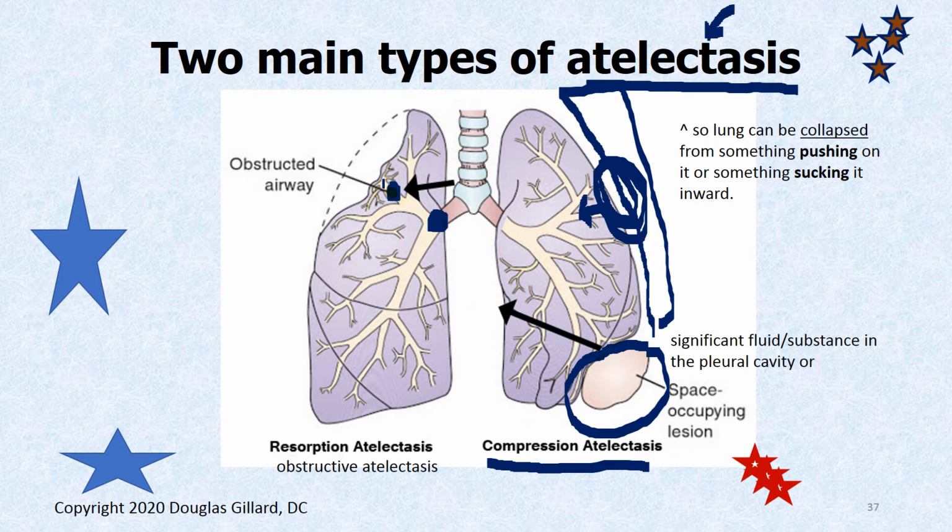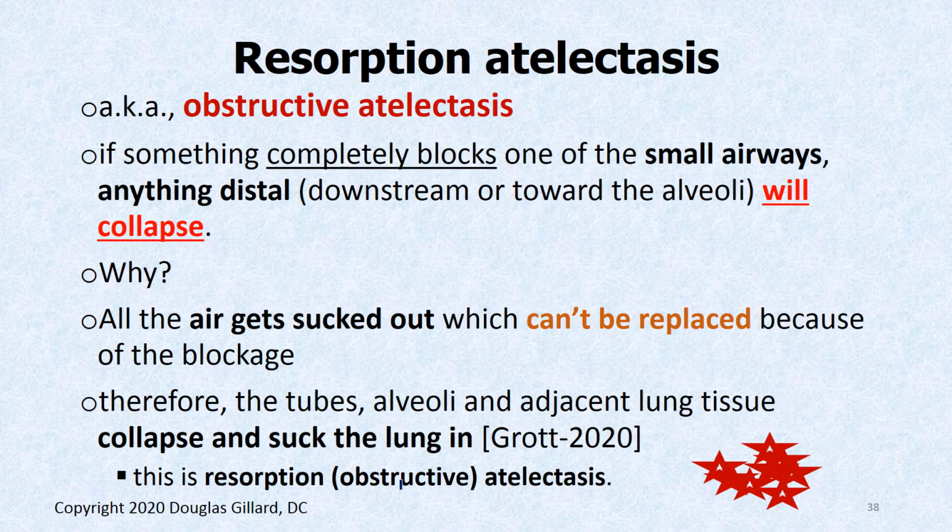It doesn't fill up with CO2. It's just dead space, and it collapses. If this happens all over the lung tissue many times over, it actually sucks the lung tissue in from the inside out. So you get a compression of the lung from the inside out, and that is a reabsorptive atelectasis, or obstructive atelectasis. Okay? Guaranteed question on that. So make sure you know that.